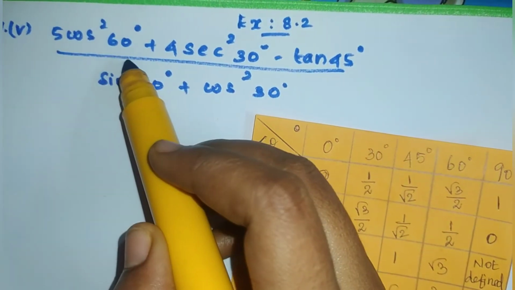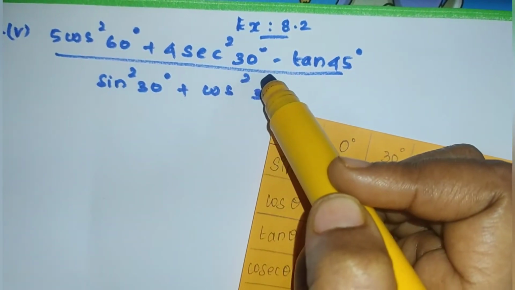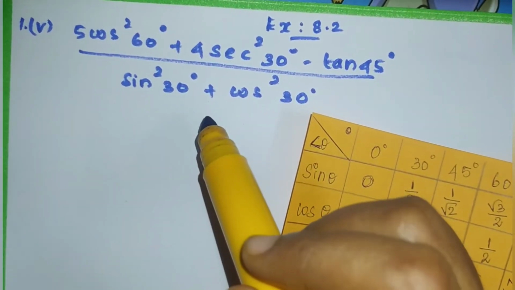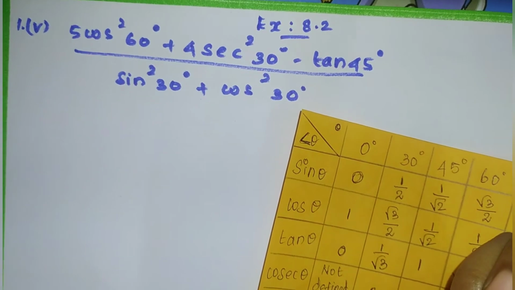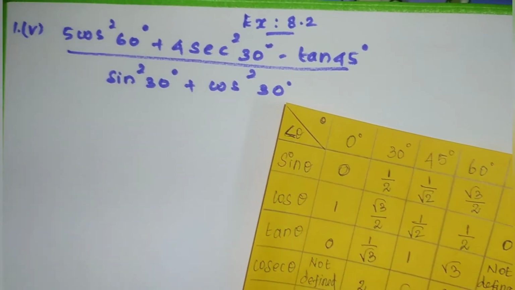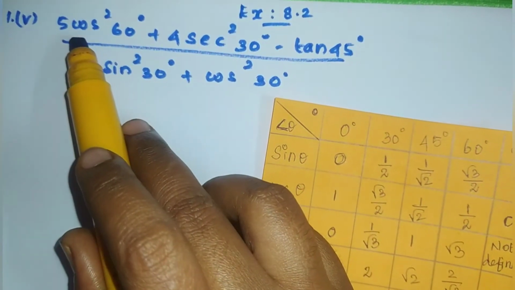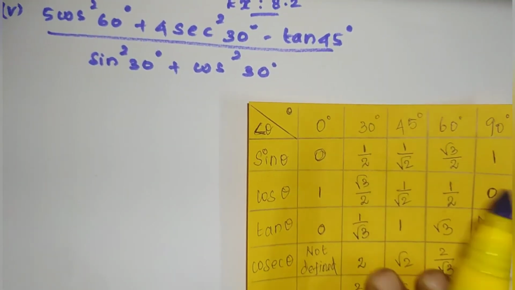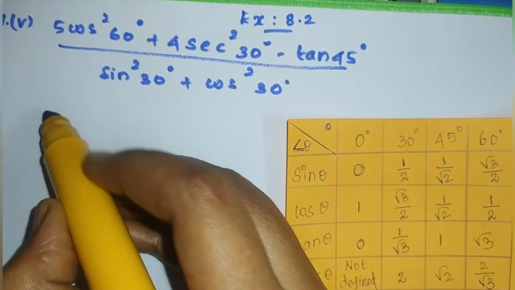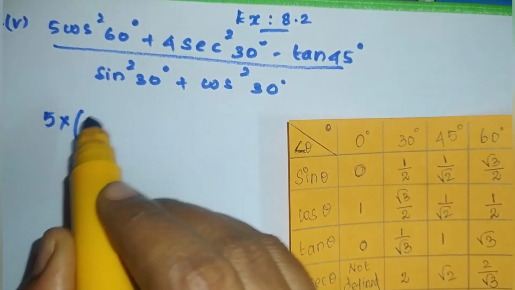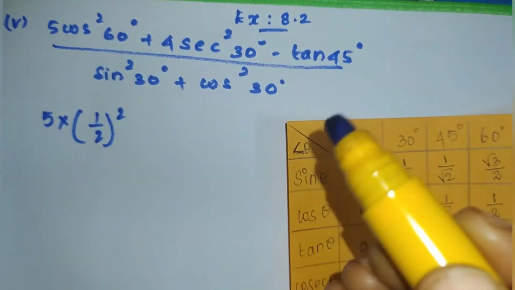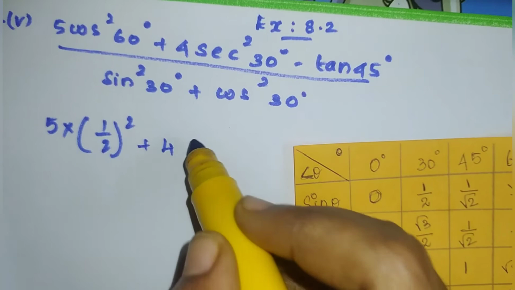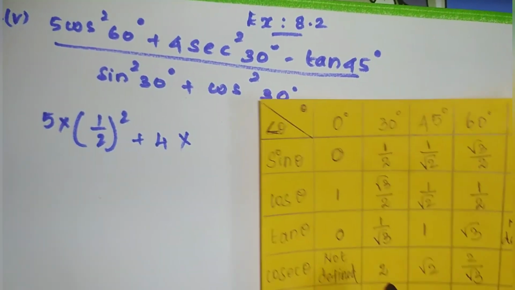5 cos square 60 degree plus 4 secant square 30 degree minus tan 45 degree divided by sin square 30 degree plus cos square 30 degree. Formula: cos 60 degree is 1 by 2. So 5 into 1 by 2 the whole square, plus 4 into secant square 30 degree.